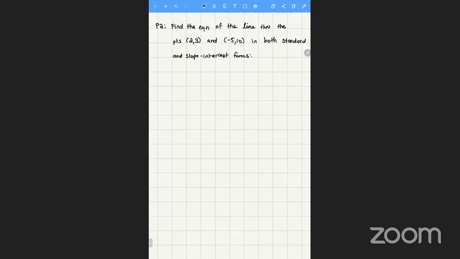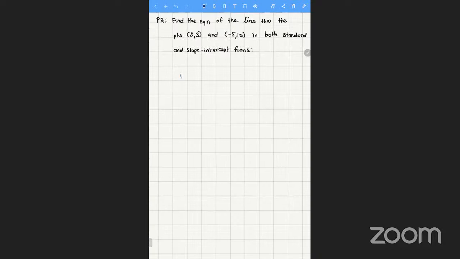I think what needs to be done is you need to plot the points. Okay, let me actually tell you the steps because you're gonna waste a lot of time. So one is that you want to solve for the slope.